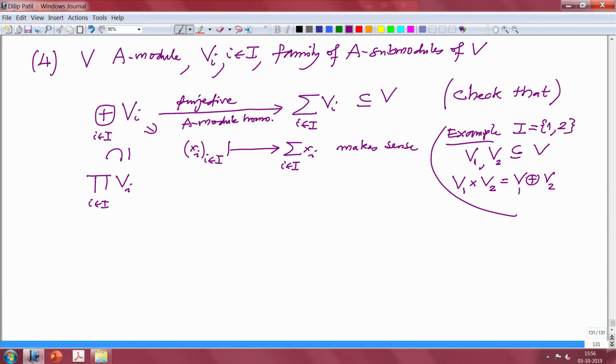And on the other hand, if V1 equals V2, then the sum V1 plus V2 is only V1. So, there are 2 copies of V1 here, but there is only 1 copy of V1 here. So, there is no isomorphism.